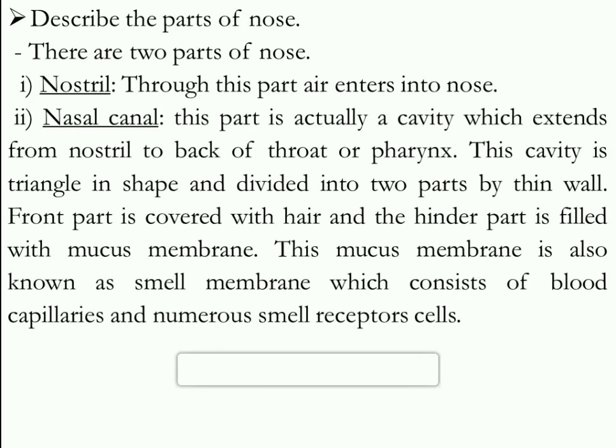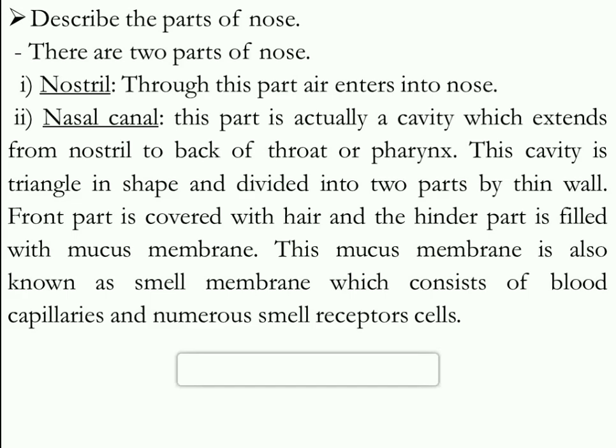This part is actually a cavity inside the nostril. It is a cavity which extends from the nostril to the back of the throat, or pharynx. That means in the throat there is a place called the pharynx, and the cavity there is known as the nasal canal.